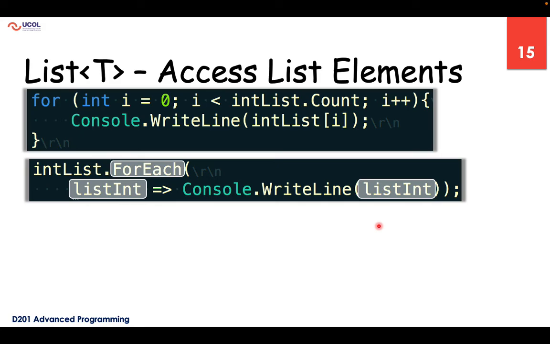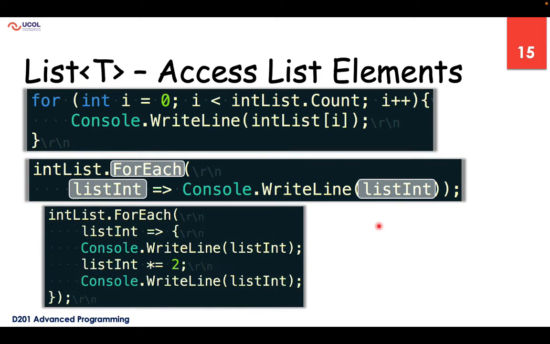Then we can also have intList.ForEach, and if we have multiple statements, then even in the lambda expression we need to put brackets. Here we are performing three different operations. We say Console.Write, printing that particular integer value.